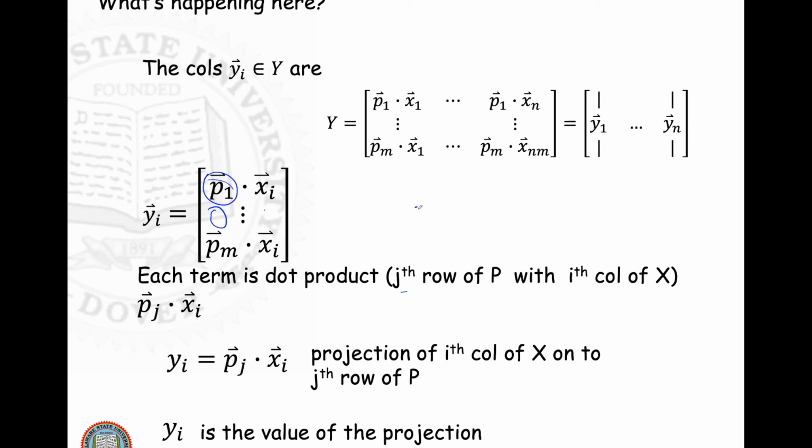We're saying take xi and do the dot product of xi with p1, with p2, with p3, all the way up to and including with pm. So you're essentially saying take each one of these vectors from my original representation x and perform the dot product with each one of these p vectors, each row of our transforming matrix. And so the yi, the columns of y, is the result of this projection.